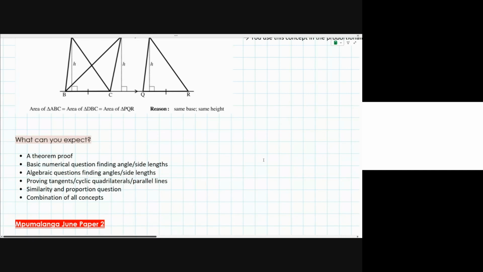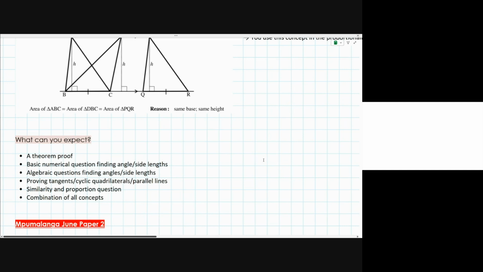We then lead you into a slightly more complex question with some algebra. It's basically exactly the same as the numerical, except that instead of me saying this angle is 74, I'm going to say, let this angle equal x. This is often the question where we say, write down 3 other angles, all equal to x with reasons.